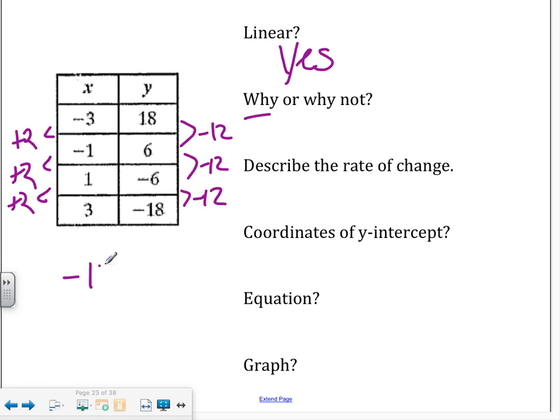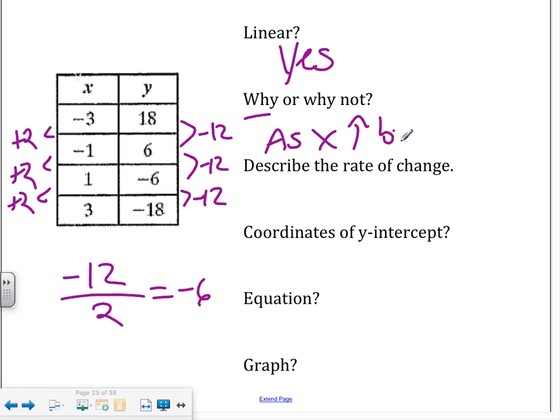So dividing -12 by 2 gives us -6. So we can say as x is increasing by 1, y is decreasing by 6. Okay, so that describes our rate of change too.